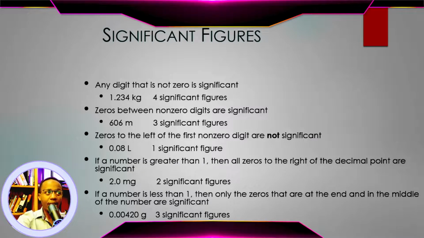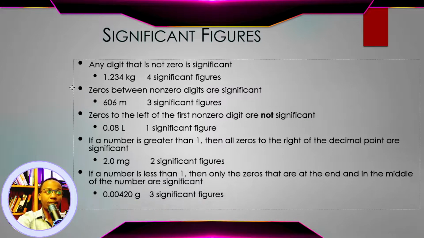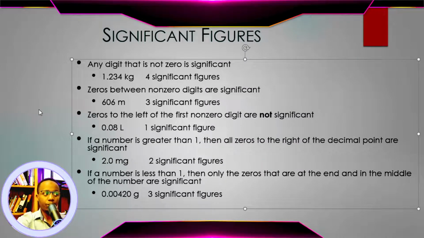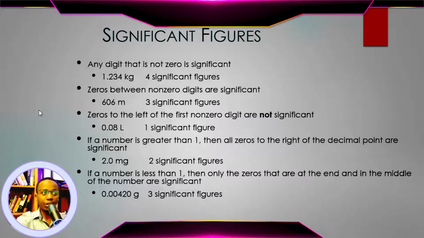The main place you're going to meet significant figures is when I give you a number and ask how many significant figures are in it, and you need to find out using these 5 rules right here.